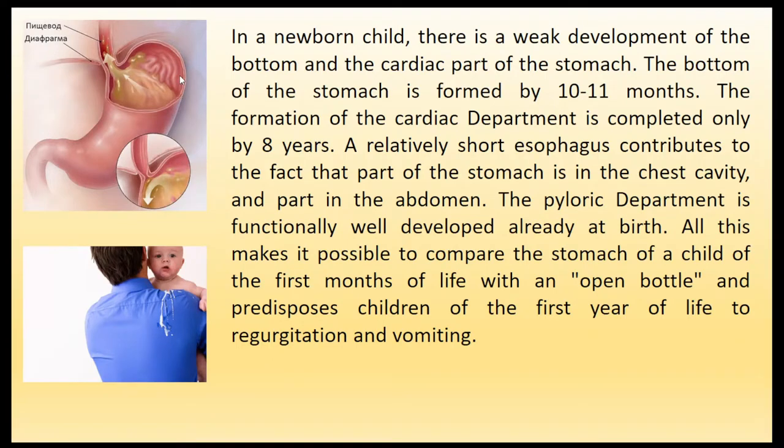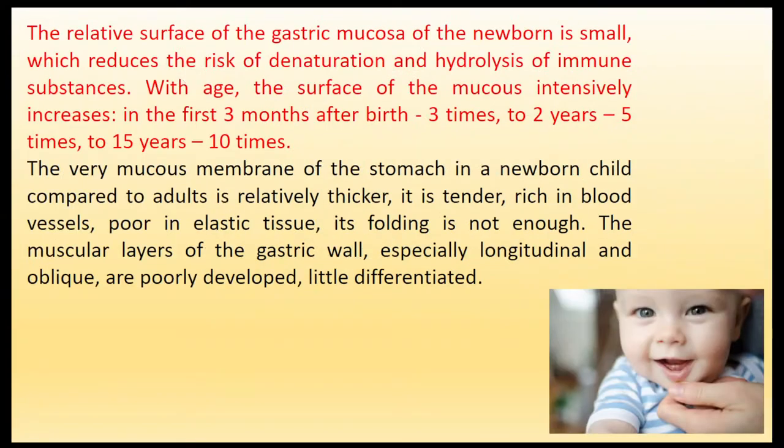The relative surface of the gastric mucosa of a newborn is small, which reduces the risk of denaturation and hydrolysis of immune substances. With age, the surface of the mucosa intensively increases: in the first 3 months after birth 3 times, by 2 years 5 times, and by 15 years 10 times.